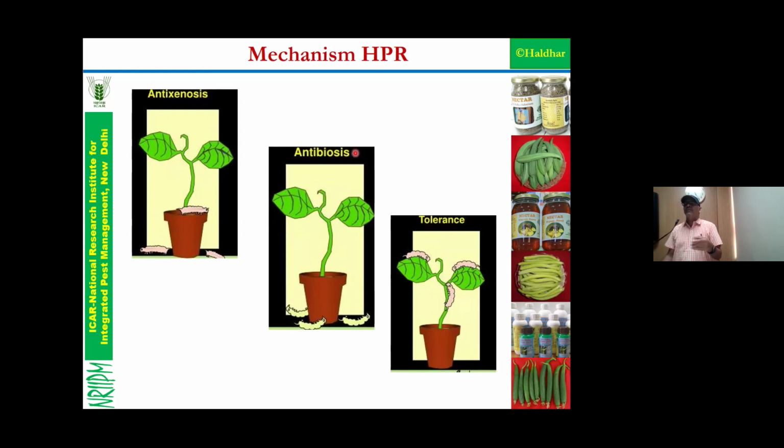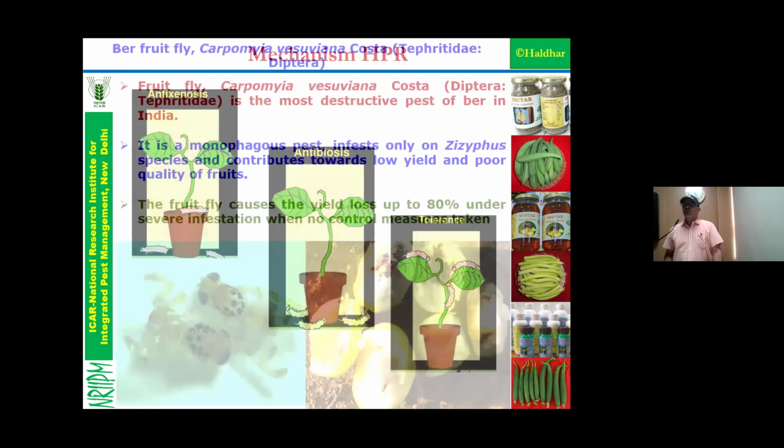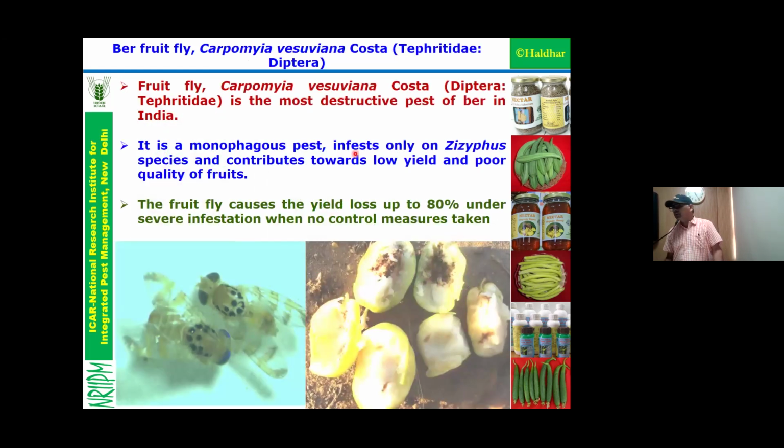That is, the plant withstands damage, with no effect on the plant. The plant is damaged, but it again maintains itself. Tolerance is part of resistance, sir.